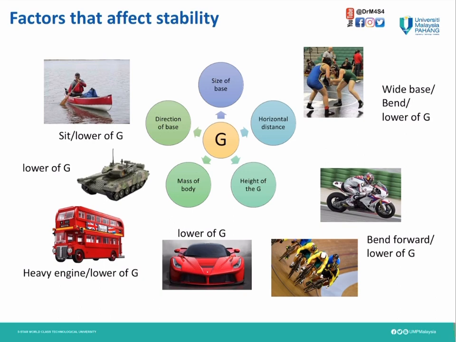Here are the factors that affect stability. As you can see here: size of the base, horizontal distance, height of the G, mass of the body, direction of the base.